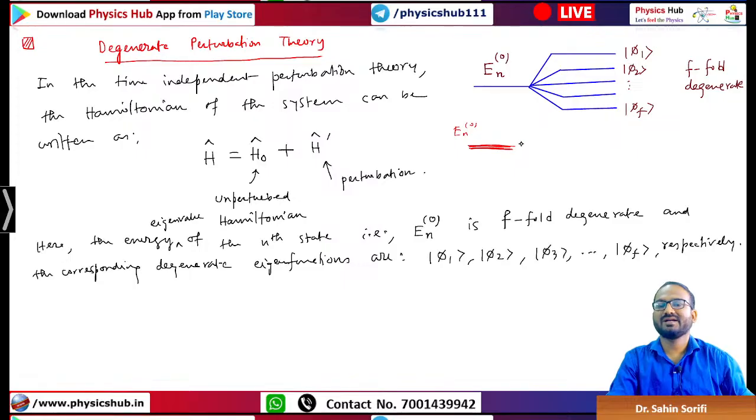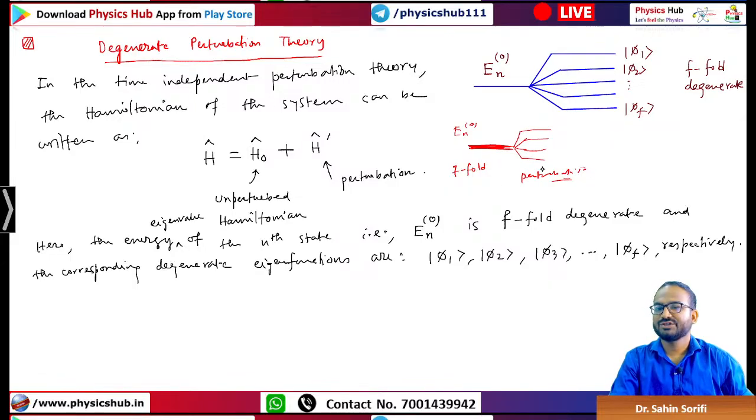But because of the perturbation, their degeneracy will be lifted. The purpose of perturbation is to introduce an energy difference between the levels. Say En0 is 7-fold degenerate, for example. Their energies are the same, so they appear to be one line.